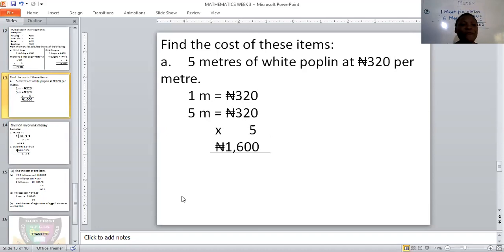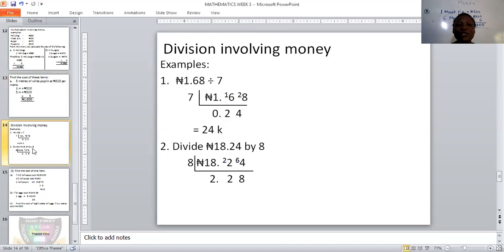Now, division involving money. Examples. 1 naira 68 kobo divided by 7.